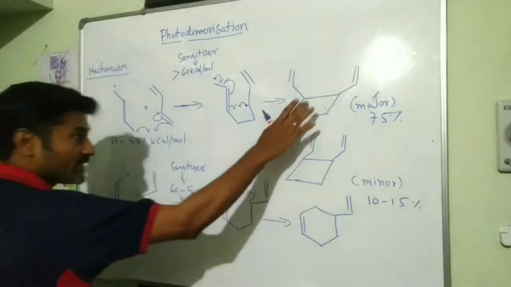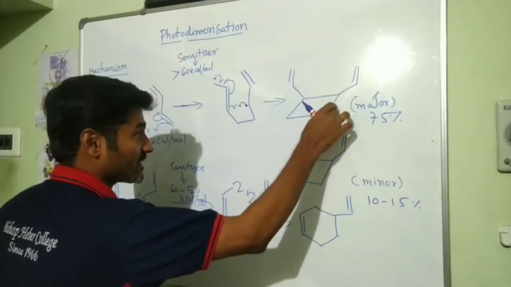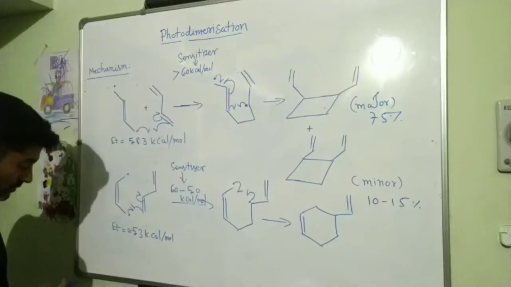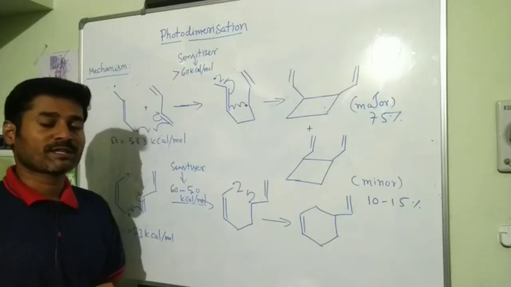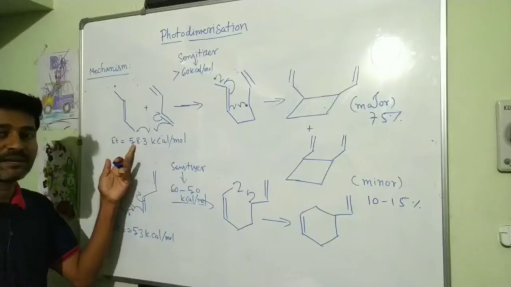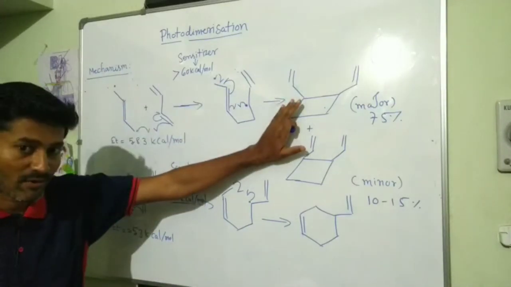Among these two, the trans form, since at room temperature it is more stable, will be the major product and this will be the minor product. So according to case 1, whenever you use a sensitizer with greater triplet state energy, greater than 60 kilocalorie per mole, you get these two as the major product.